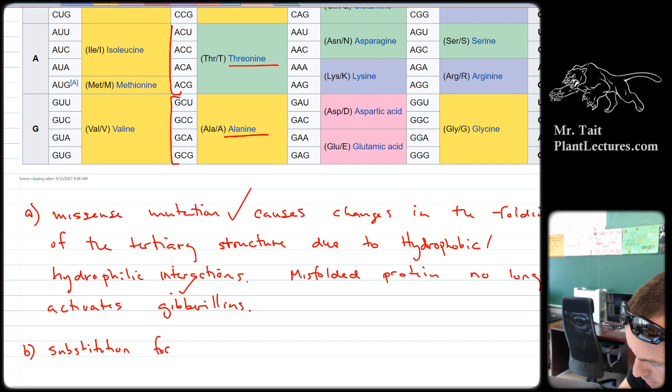And if we have complete dominance, that means that one working copy of the allele or of the gene is enough to produce active gibberellins or something like that. That's what I would say, but you could say probably variations of that.